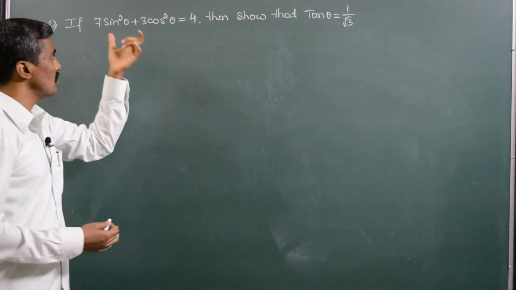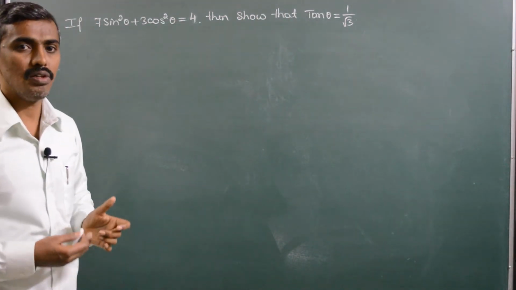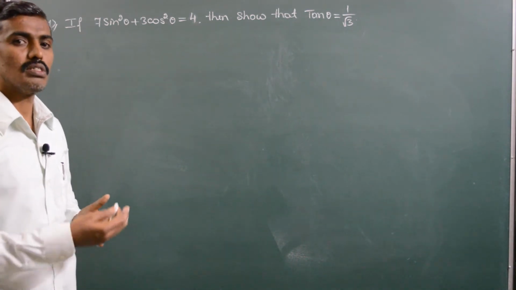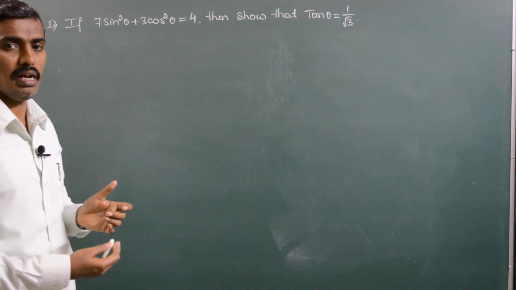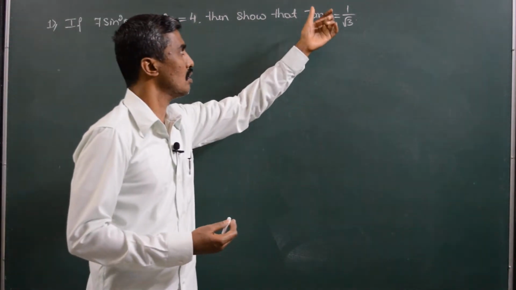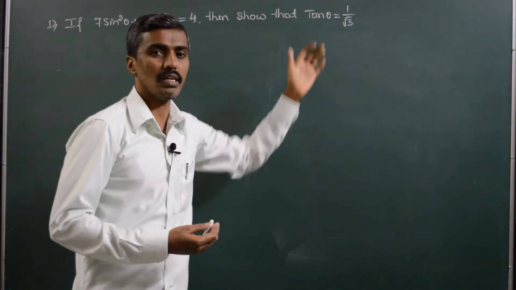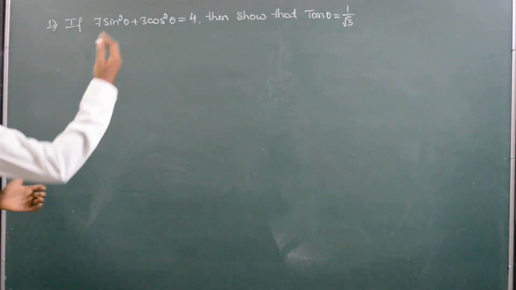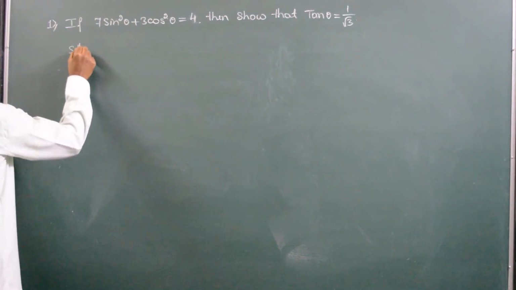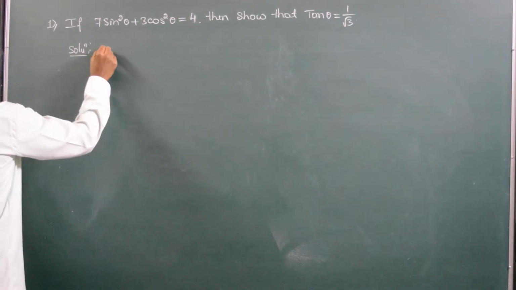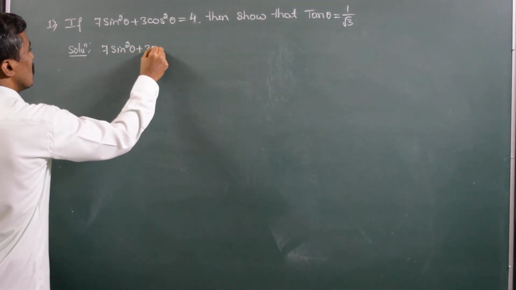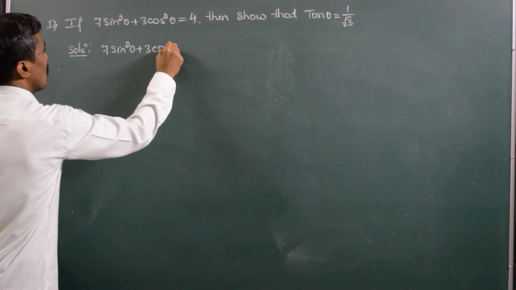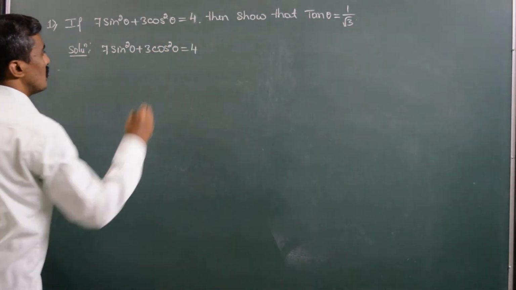Therefore, from the given data we have to find the value of theta. If we get a standard angle, then we can substitute that value in tan and get 1 by root 3. So I will start with the given thing: 7 sin square theta plus 3 cos square theta is equal to 4.